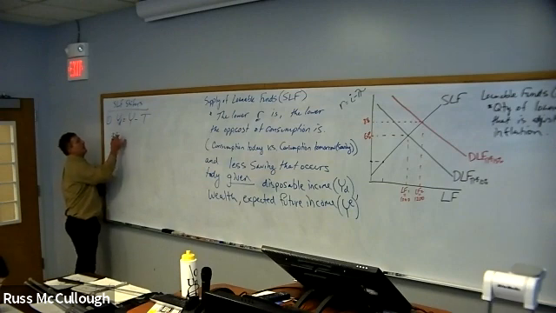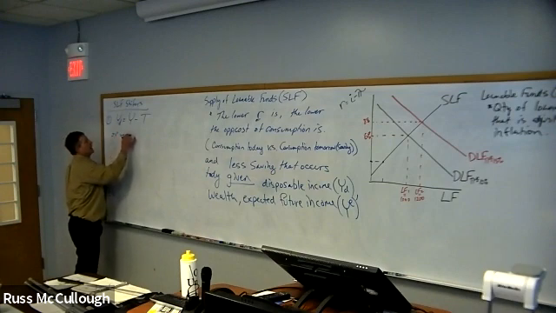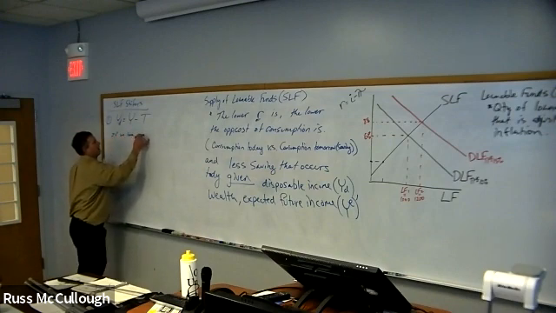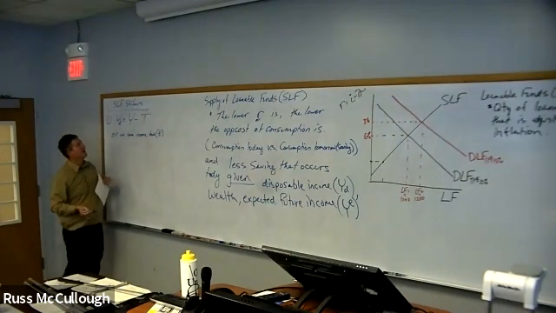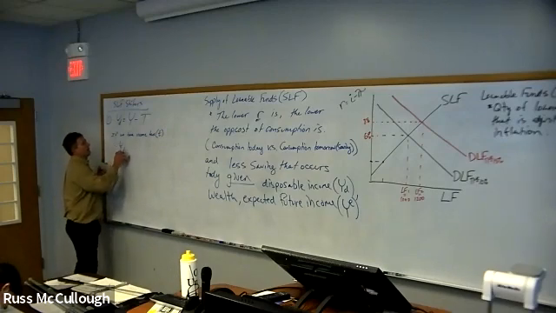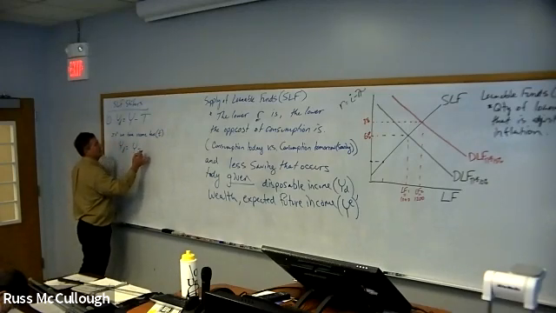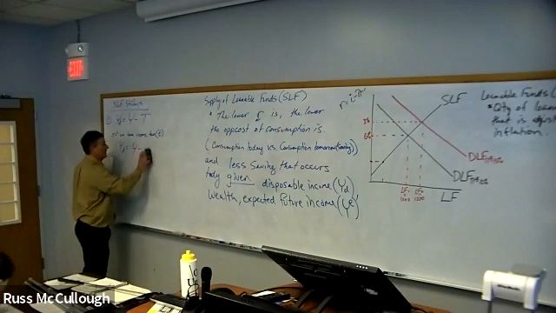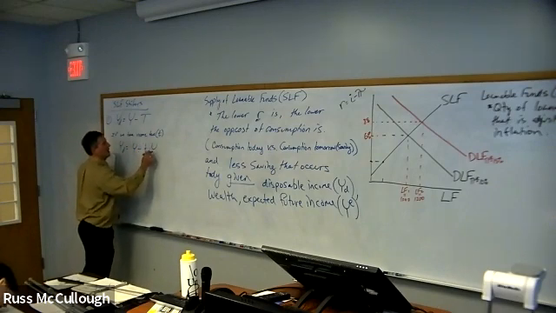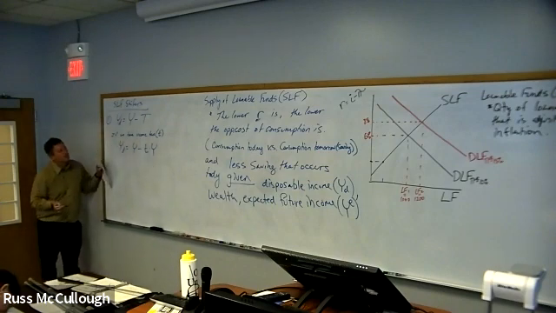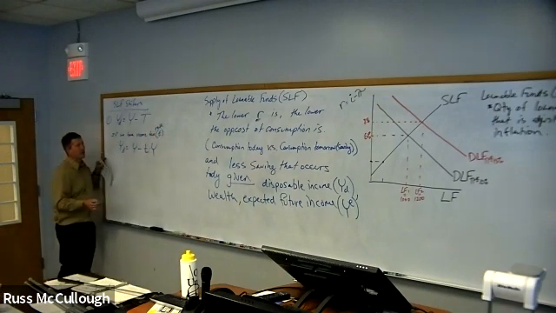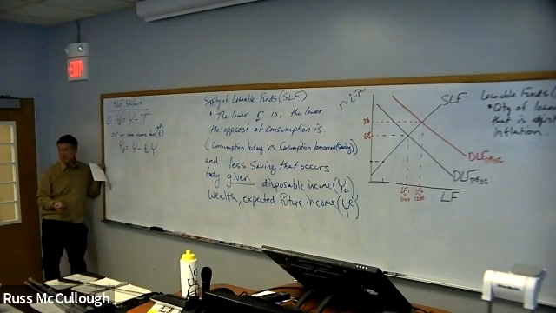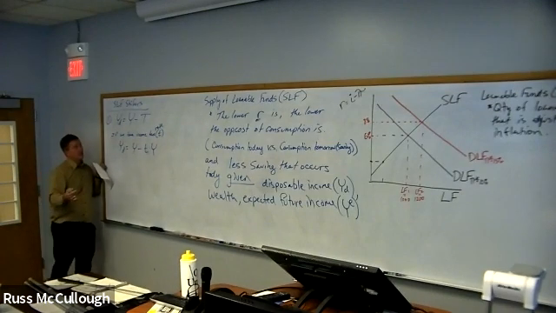If we have an income tax of little t, hang on to your hats here, Y minus little t times Y. So if we have an income tax rate, little t, of 20%, check it out.